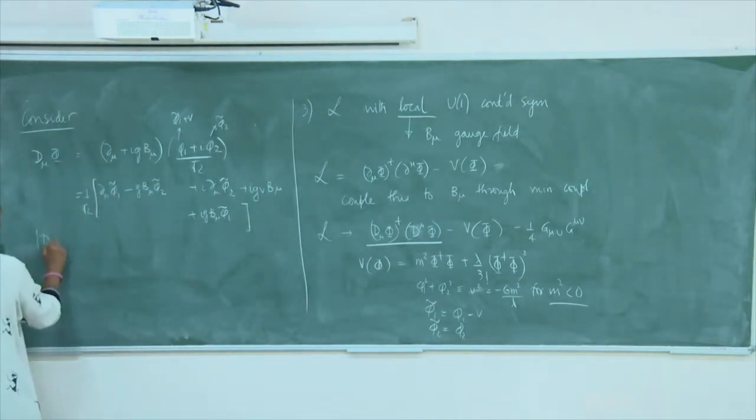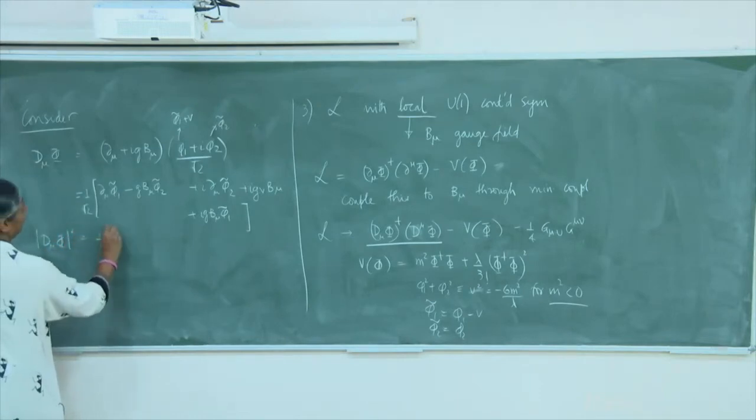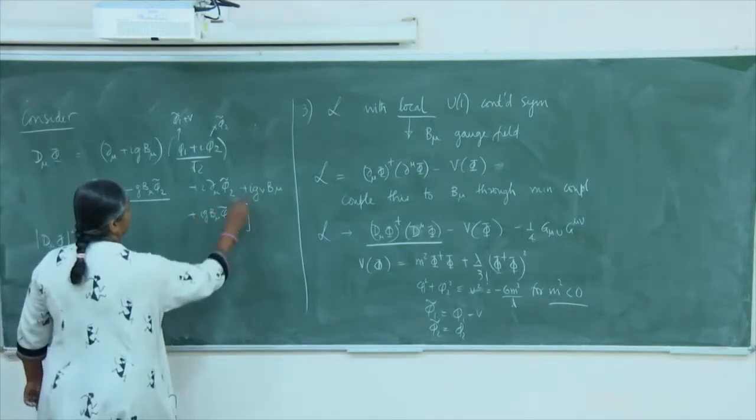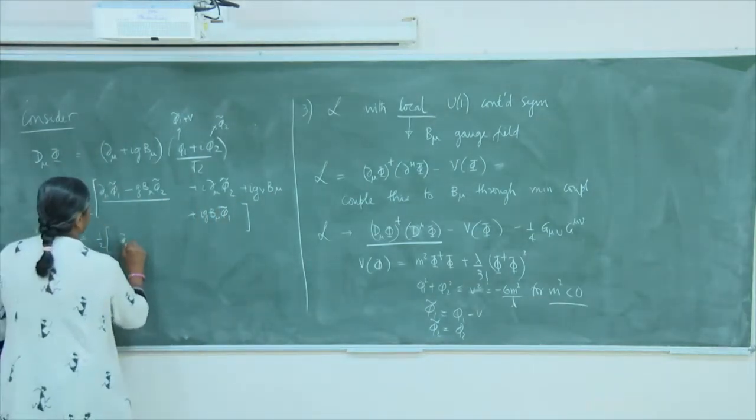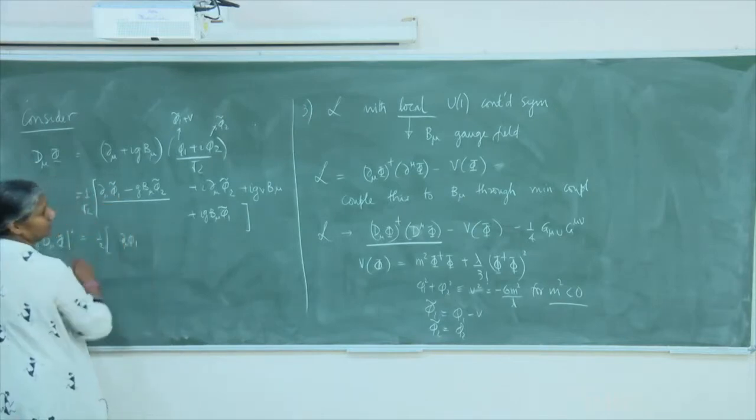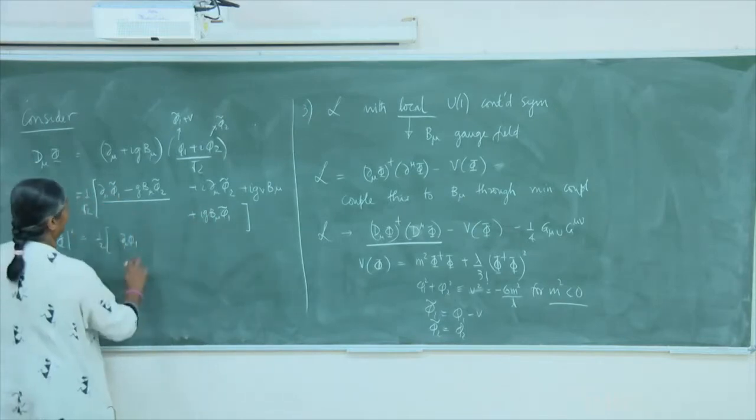So now if I do D mu phi dagger D mu phi, this will give me half. So this is a plus ib, so I am going to get a squared plus b squared. So this will be d mu phi 1. I am going to drop the tilde because it is painful to write. Everything is a tilde field here.